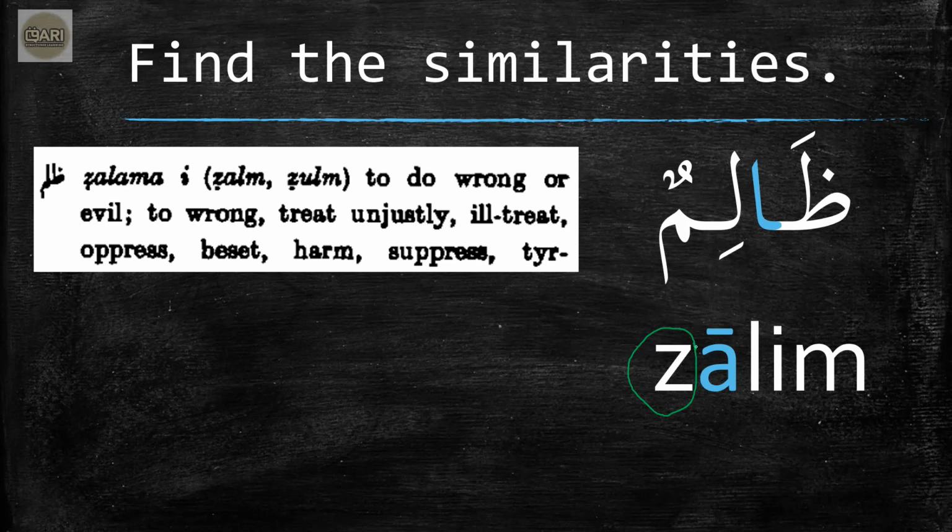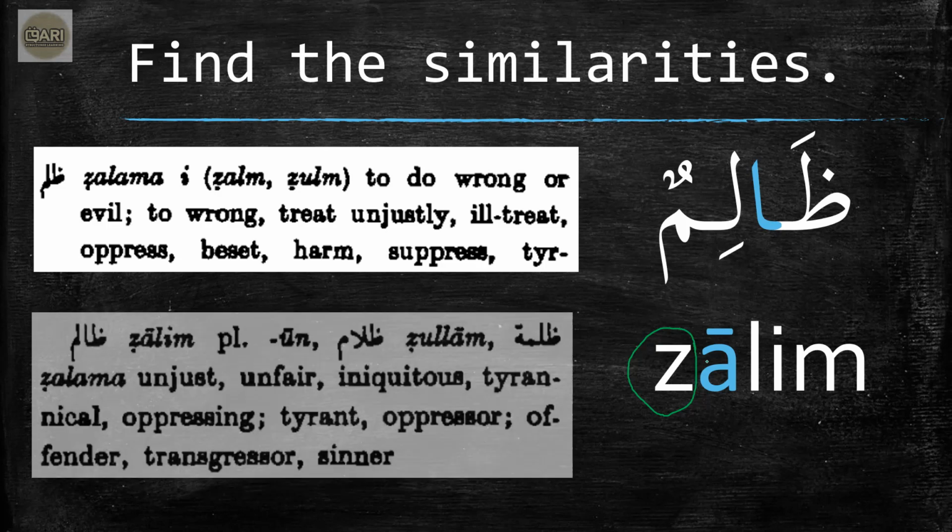So zalama is to do wrongly, to do wrong or evil to yourself, to wrong someone else, or treat unjustly, to oppress, to beset, to harm. So the doer and the gerund form of this would be oppressive, wrongdoing, sinning, tyrannizing, tyrant, tyrannical as well.